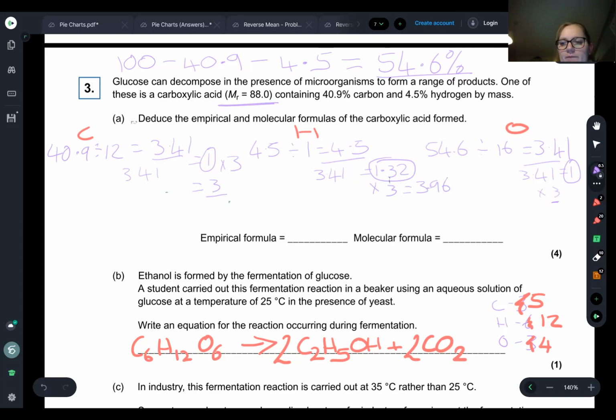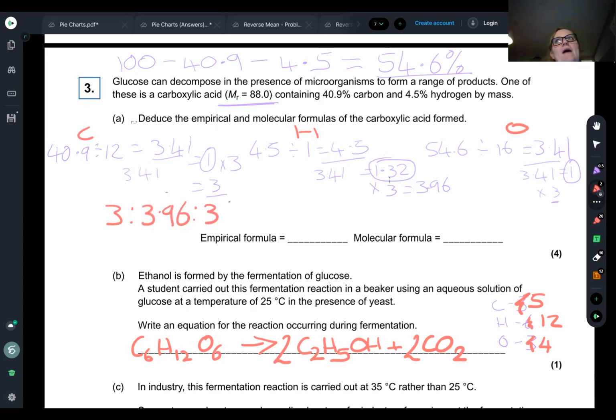So our ratio at the moment would be 3 to 3.96 to 3. It will help us for empirical formula, but we can't leave it at that, because we need whole integers. So we're going to round that to the nearest integer ratio, which would be 3 to 4 to 3, which makes sense because we're just going to round 3.96 to that.